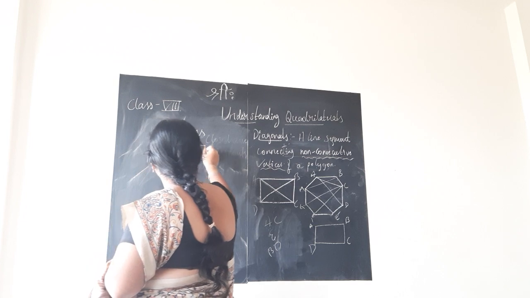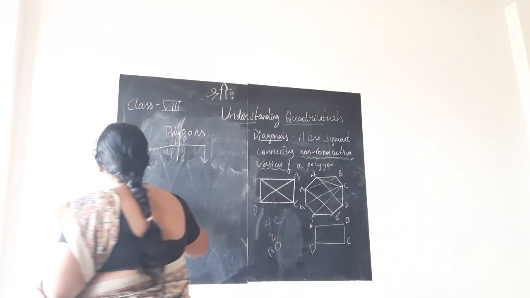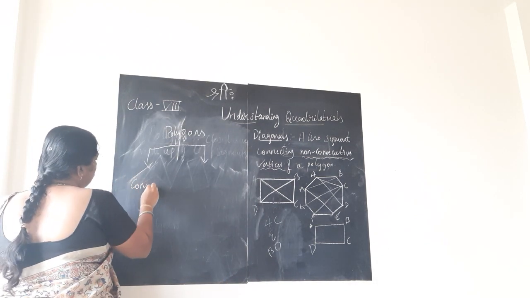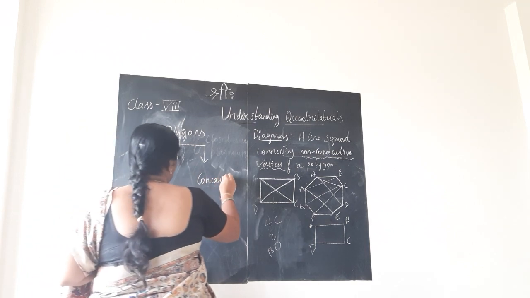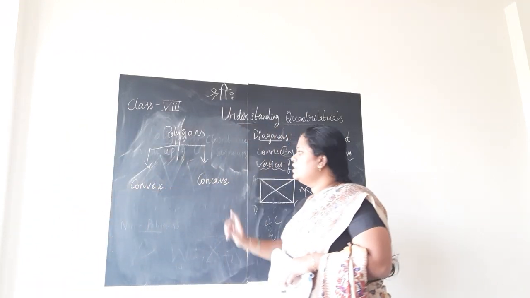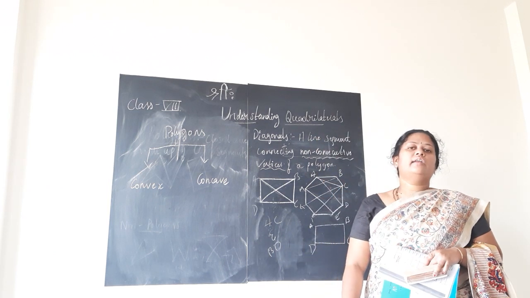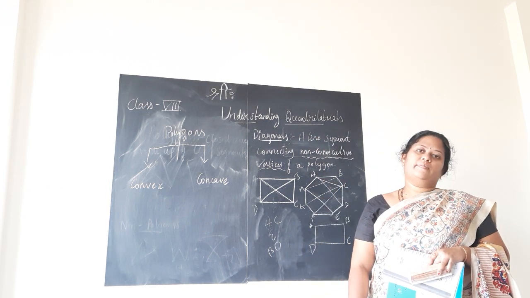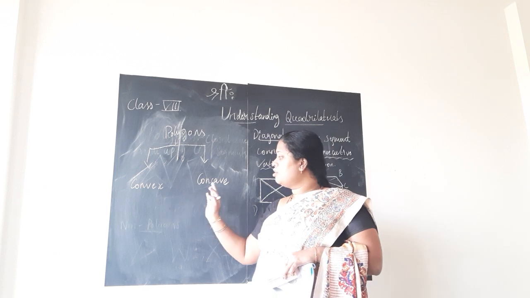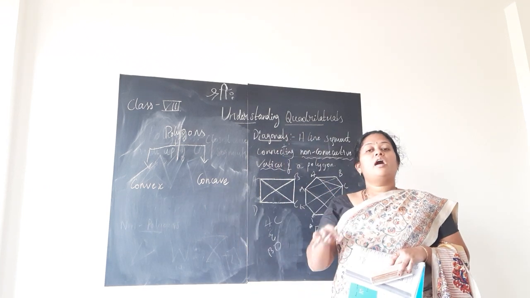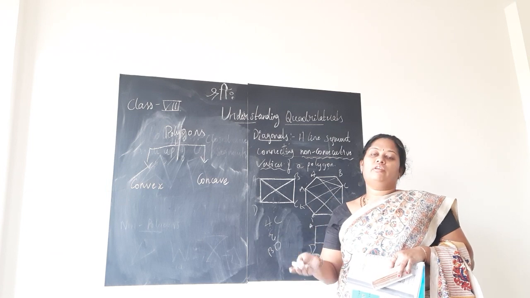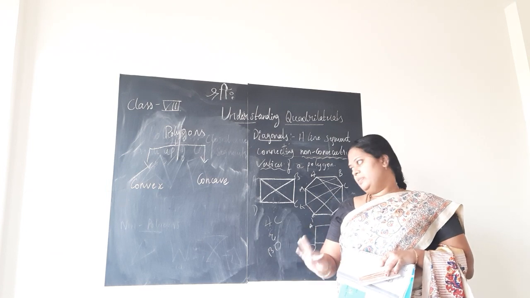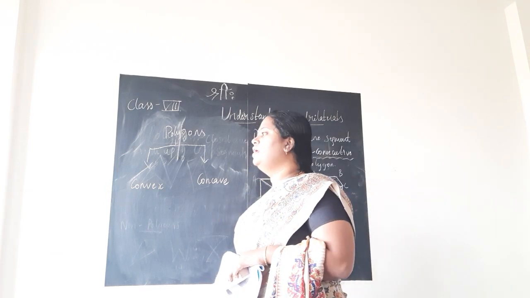Convex mirror and concave mirror. So similarly here also, in polygons you have two types, convex polygon and concave polygon. So what are these convex and concave polygons? How to identify by looking at the given figure whether it is convex or concave? How to classify them? Children, it is very simple.